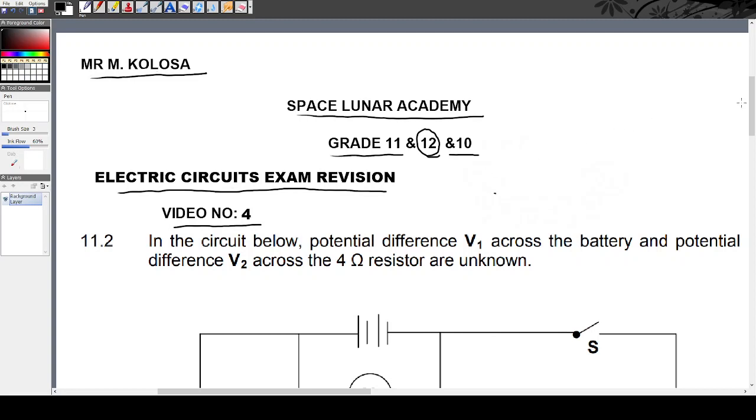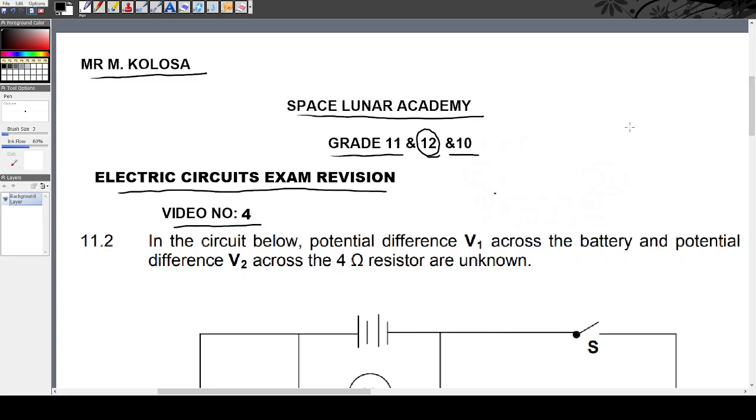You can watch it if you want to understand the basics of electric circuits before you jump into the grade 12 electric circuits. Otherwise, it's the same thing, but there's just a little bit of a difference.